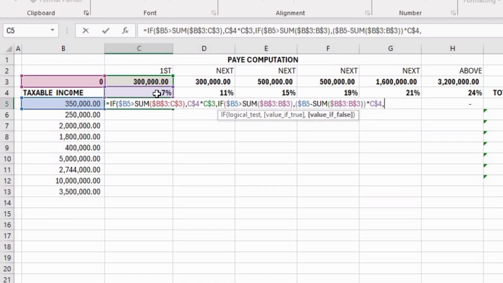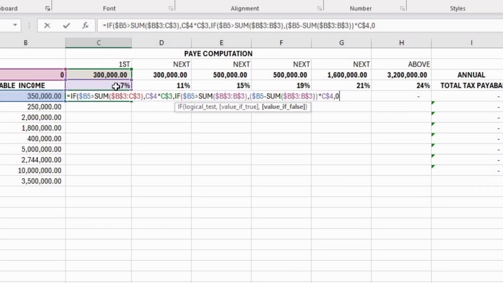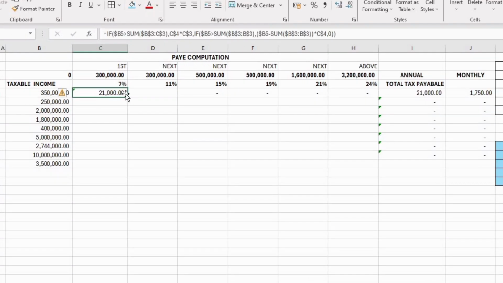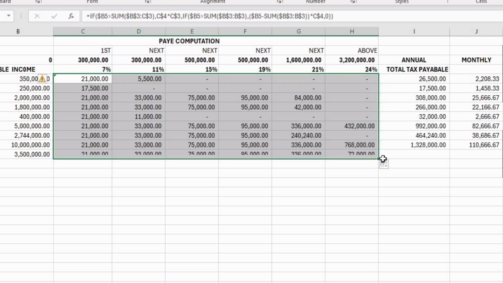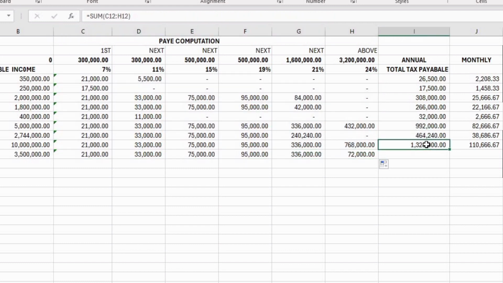We put a comma, then for value if false, we'll put 0, and because we used two if functions for this formula, we'll close our bracket twice, then we'll press enter. We can now copy our formula to the right and also copy it downwards to get our results. So let's confirm if we got 632,000 as expected for the 3.5 million taxable income.